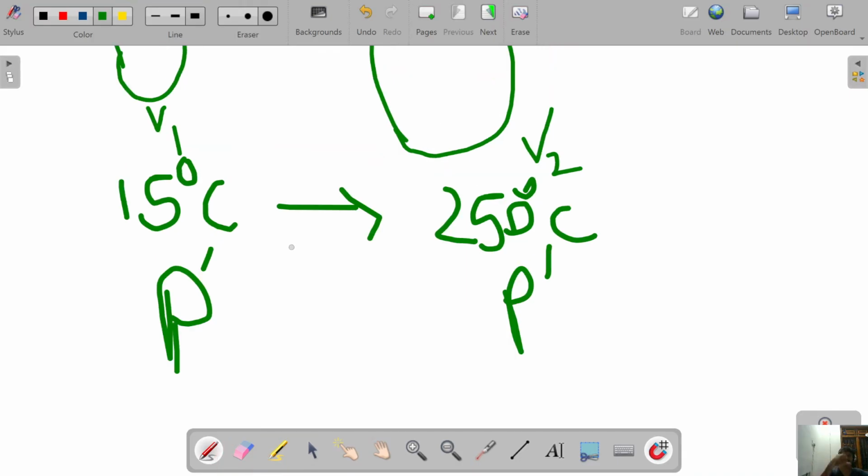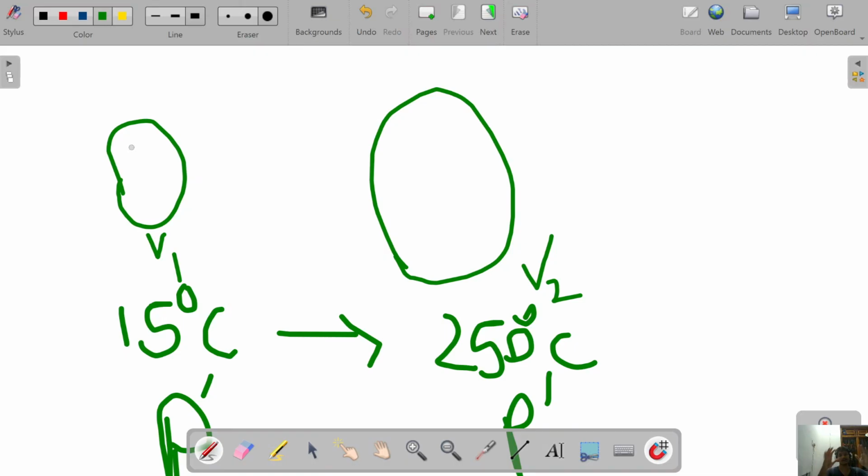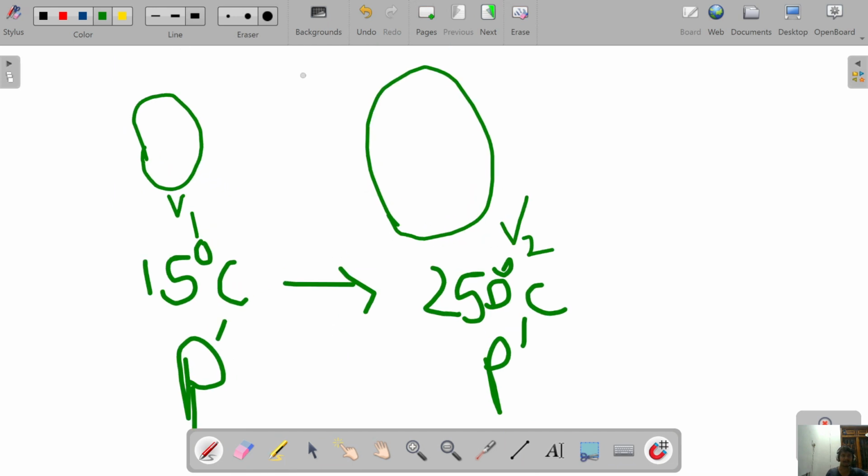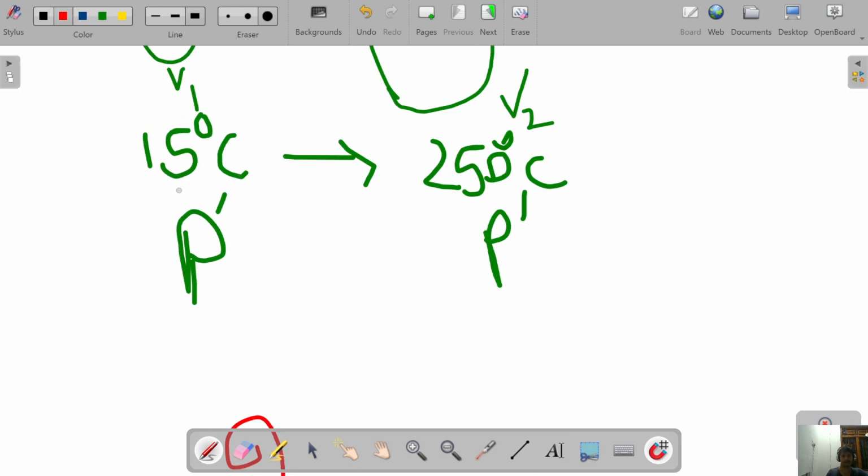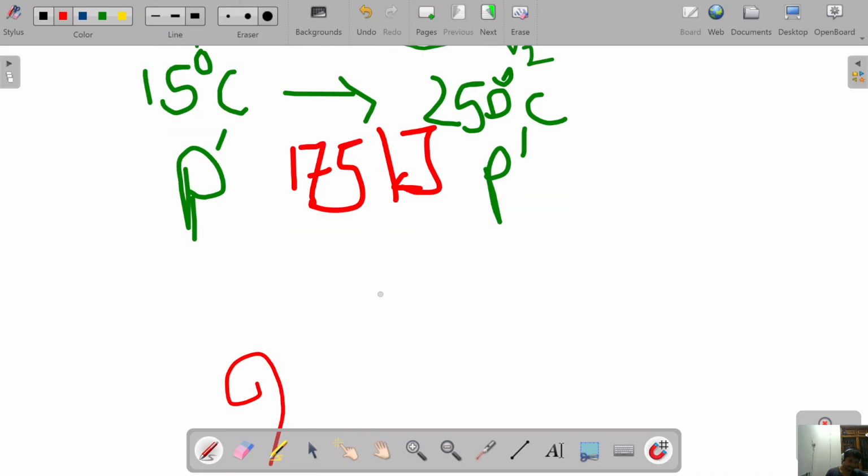If the initial pressure is P, it is now also P. Since the pressure is constant, the volume of the container will increase, so initially V1, then V2. How much energy do we need to increase the temperature from 15 to 250? That's the 175 kilojoule. Now the first question is the characteristic gas constant of the gas.